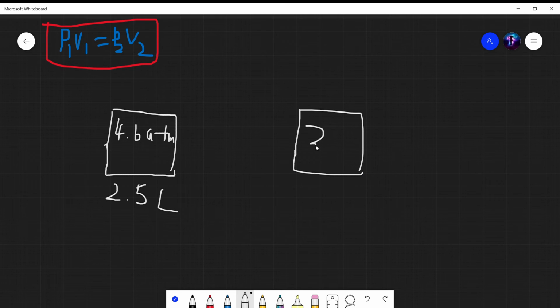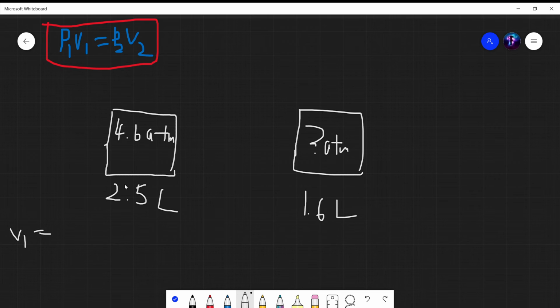And we're supposed to find the pressure in this one, how much ATM it is. Also, we have a volume of 1.6 liters. Now we can use this formula, so let's write down what we know. That's a very helpful step.